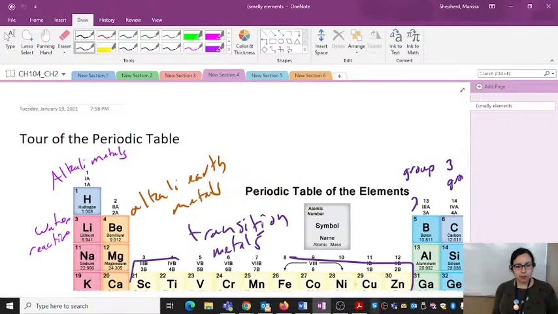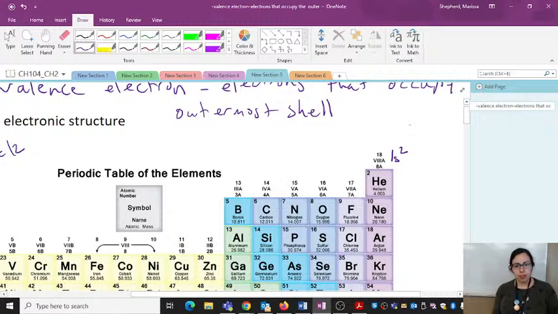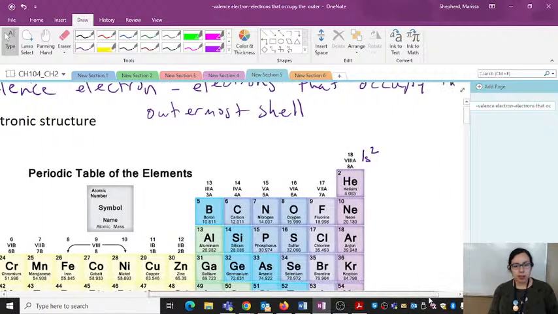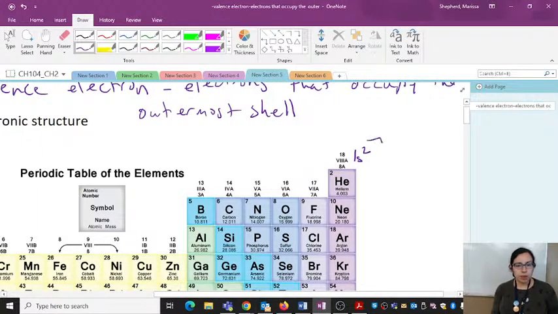Why it's over here is because even though it only has 2 electrons, we still consider it to be basically fully occupied and satisfied. This follows what we call the duet rule. Have you heard of the octet rule before?